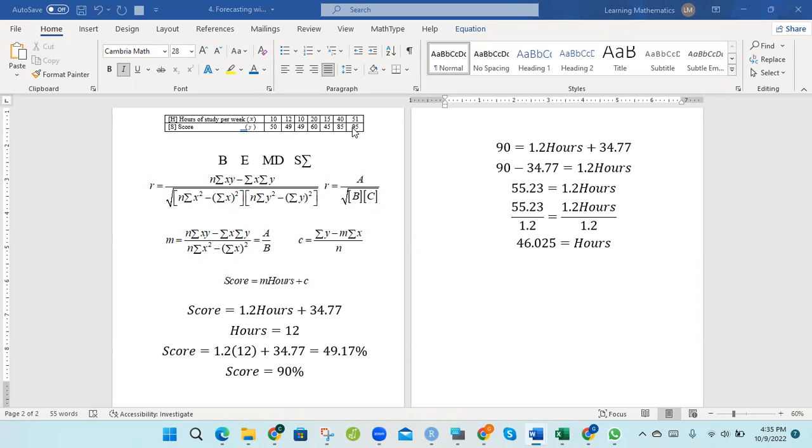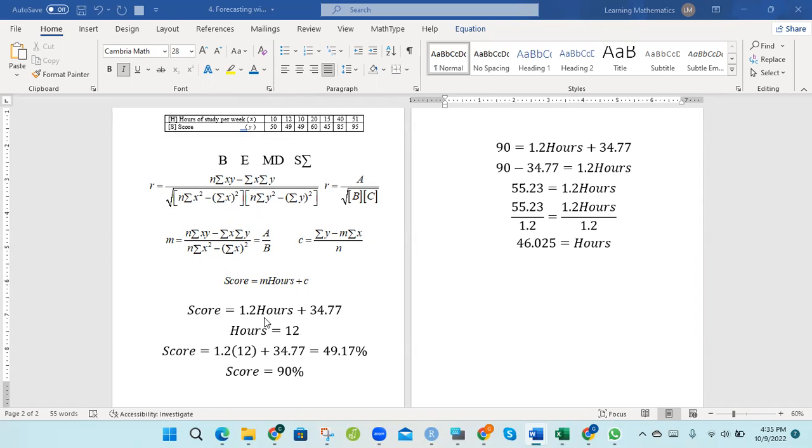So if you would like to forecast using values outside of the range of data values that you used to calculate these statistics, then you must do another research, try to get values within that range, and then do your recalculation, because it is very inaccurate to use values outside of the range of data values that you used to calculate the statistics of 1.2 and 34.77 in the first place.